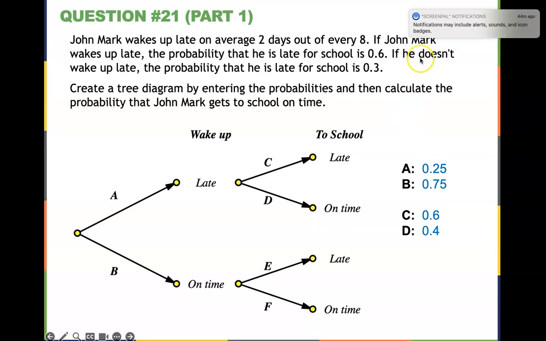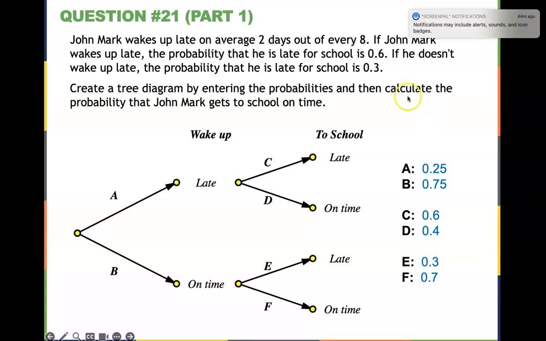Third sentence, if he doesn't wake up late, that would be this scenario down here, the probability that he is late for school would be 0.3. So E is going to be 0.3, and that would make F 0.7 because, again, these two have to add up to 1.